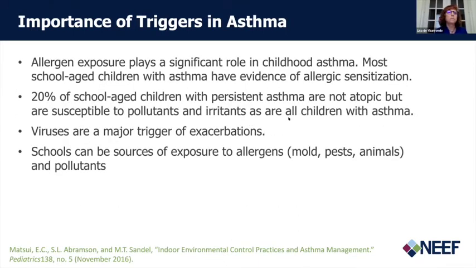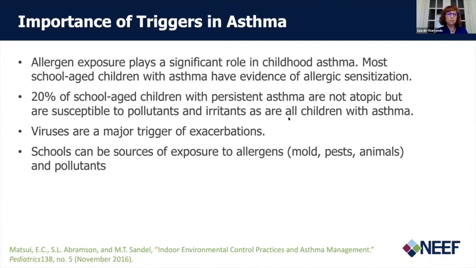All right, so what is the importance of triggers in asthma? Allergen exposure plays a significant role in childhood asthma. Most school-age children with asthma have evidence of allergic sensitization. Up to 80% of these children with asthma can be directly affected by aeroallergens, whereas 20% of school-age children with persistent asthma are not necessarily atopic, but they are susceptible to pollutants, indoor and outdoor, and irritants, as are all children with asthma.